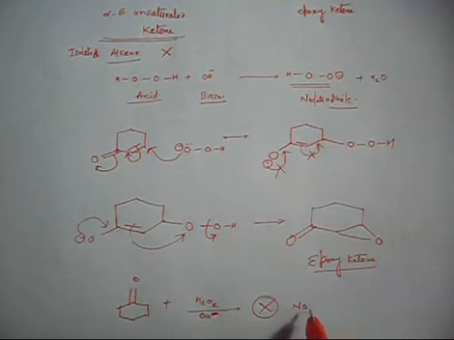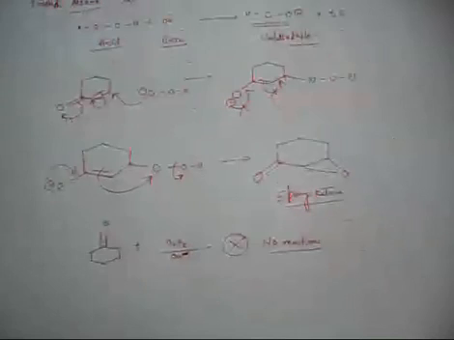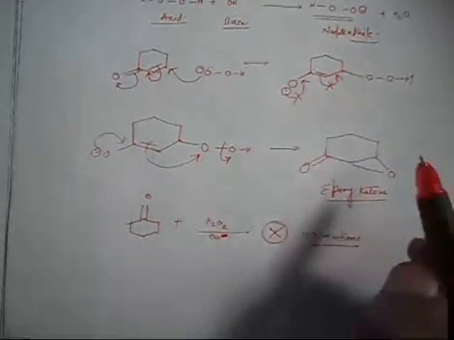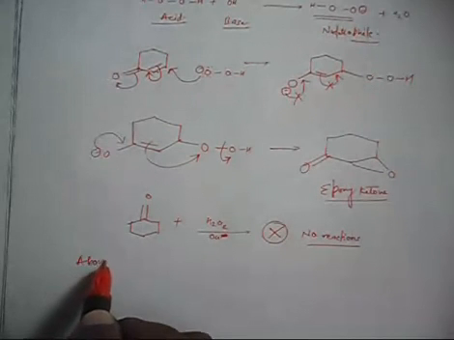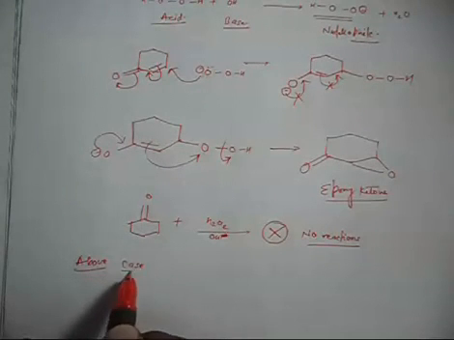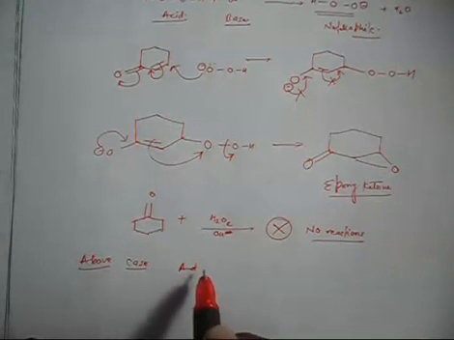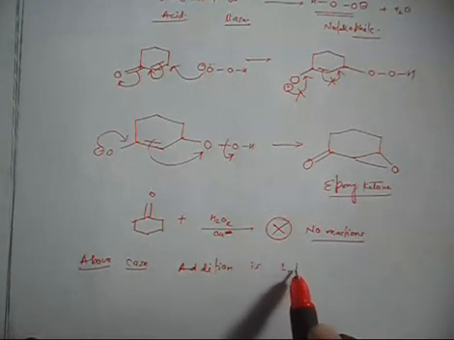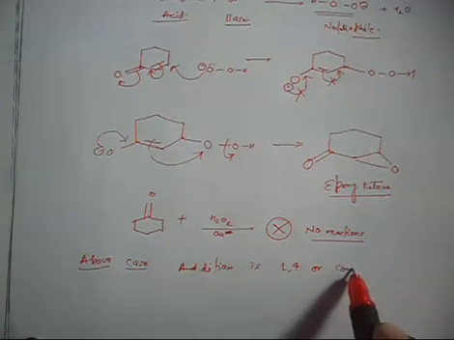This is because these reactions happen only if the attack is a conjugate addition, 1,4. In the above case, the addition is 1,4, or you can say this is a conjugate addition.